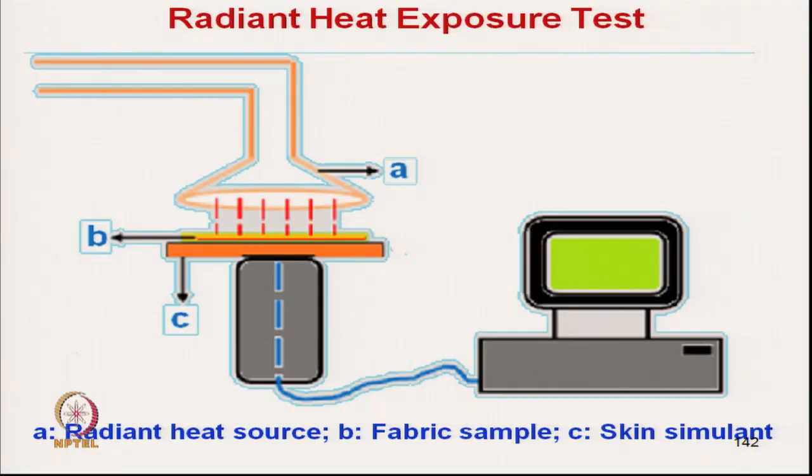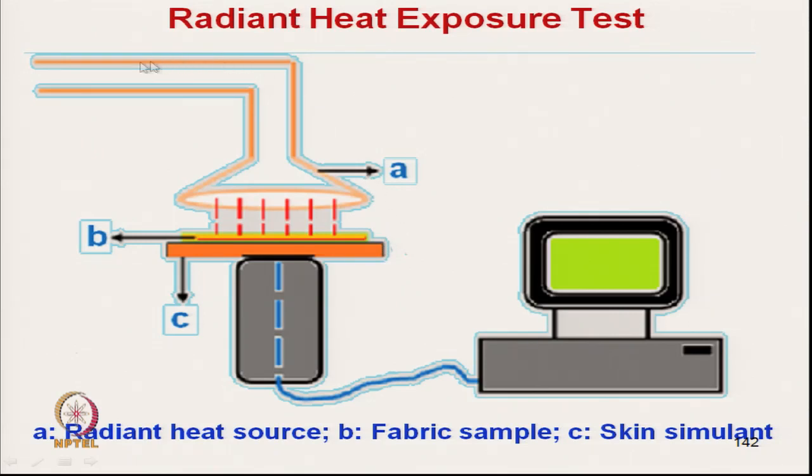Next technique is the radiant heat exposure test. Here the fabric specimen, which is B, is placed in horizontal direction.